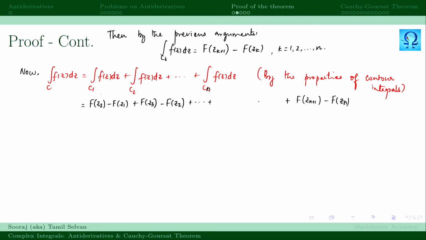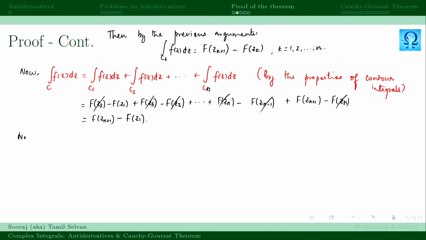In the previous term we would have F of z_n minus F of z_(n-1). If you see, terms like this get cancelled. So this also gets cancelled, this also gets cancelled, and we are left with only F of z_(n+1) minus F of z_1.